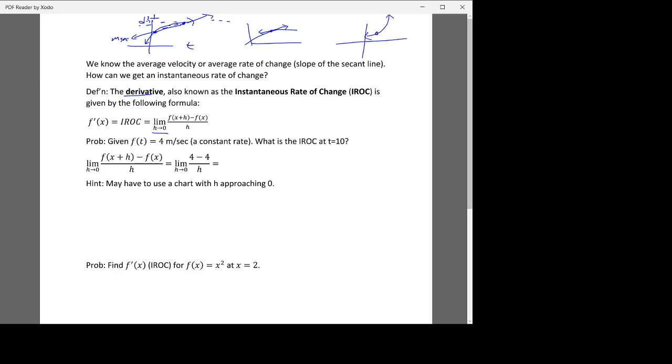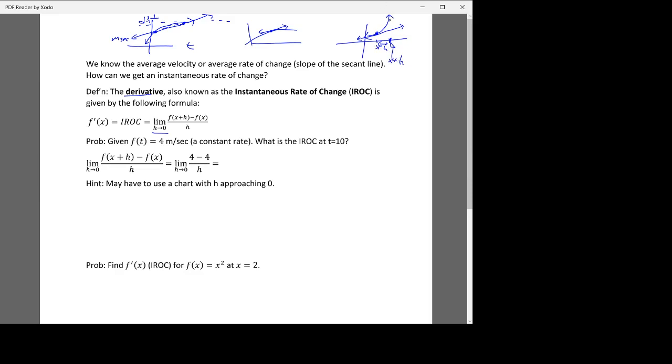And we're interested in the slope of the tangent line there. And we'll call that x. Then we can take a distance here, h. And this x value then will be x plus h, right? We took x and we went h more, so x plus h.